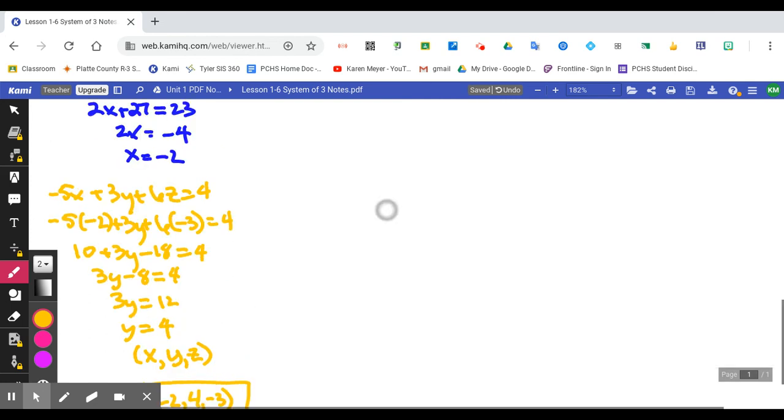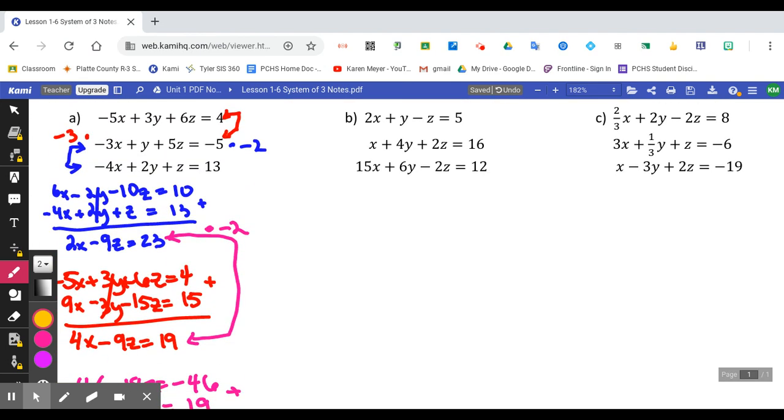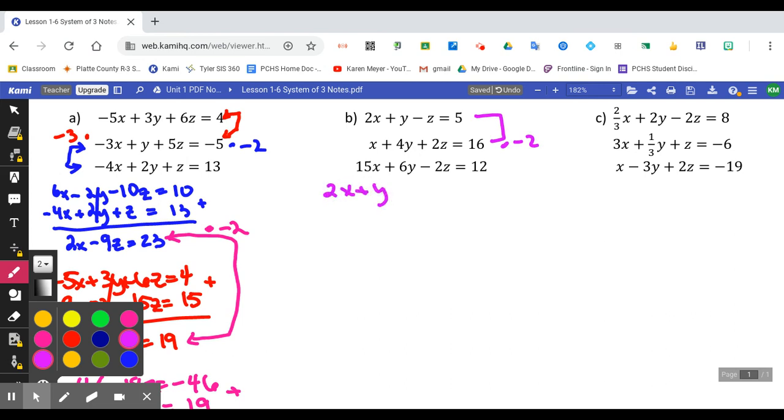Okay, so let's go to the middle one. On the middle one, this time we get to choose whichever variable we want to cancel out. And this time I'm just going to choose x, to choose a different letter. So I am going to put the first two equations together, and I'm going to multiply the middle one by -2. So leave the top one alone.